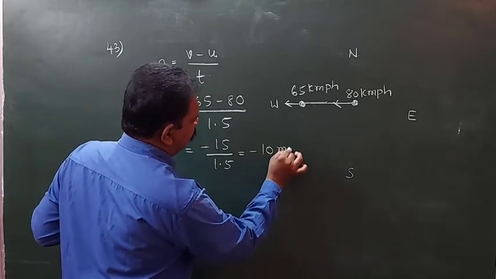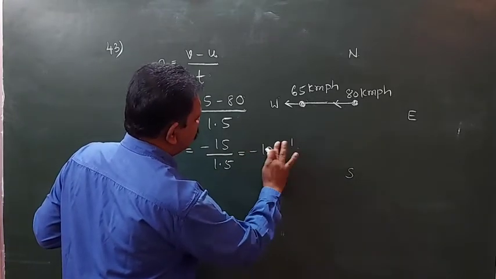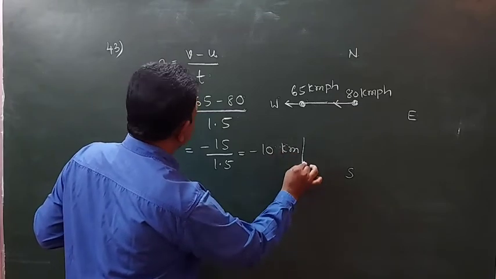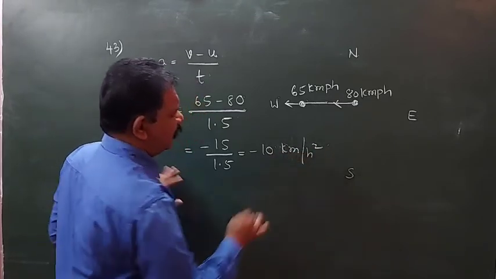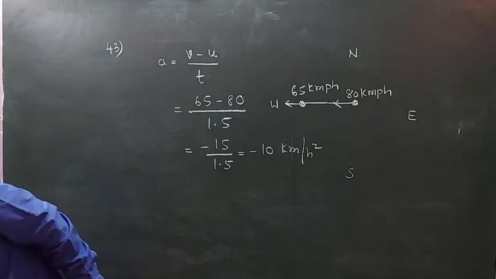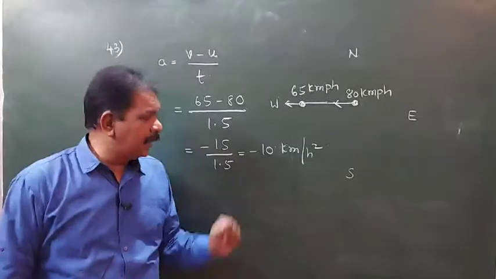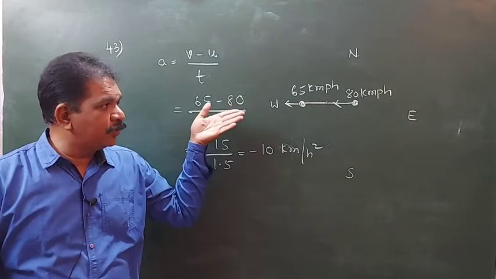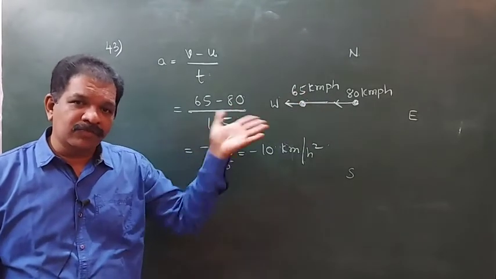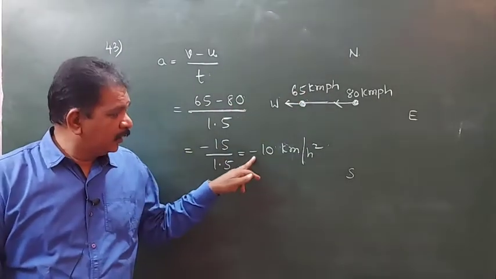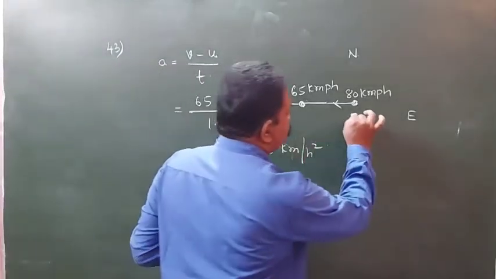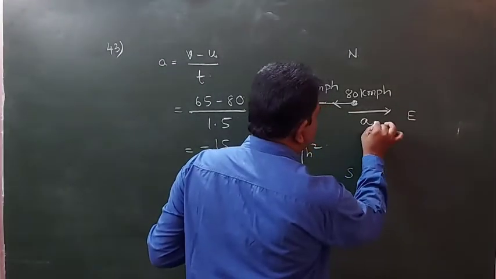This will be minus 10. Both are in km per hour square. And how is its direction? Minus means it is opposite to the actual velocity direction. That's why it will be minus. So its direction will be like this.